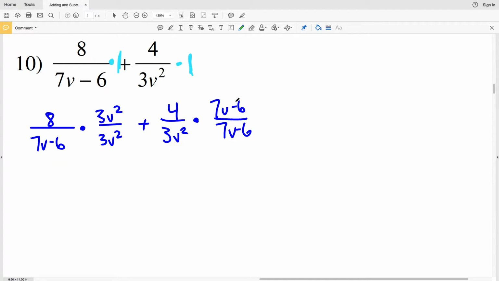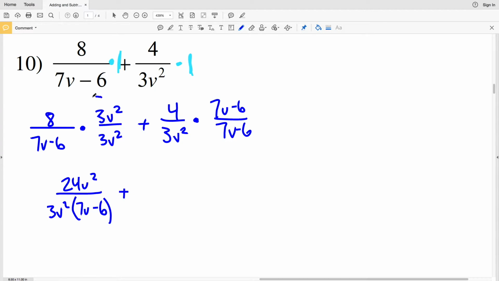And I did this because when we multiply 7v minus 6 by 3v squared, remember multiplication is commutative, so that's the same as multiplying 3v squared by 7v minus 6. So now we'll have the same denominator. However, simplifying, 8 times 3v squared will be 24v squared, and that's all over 3v squared times 7v minus 6.